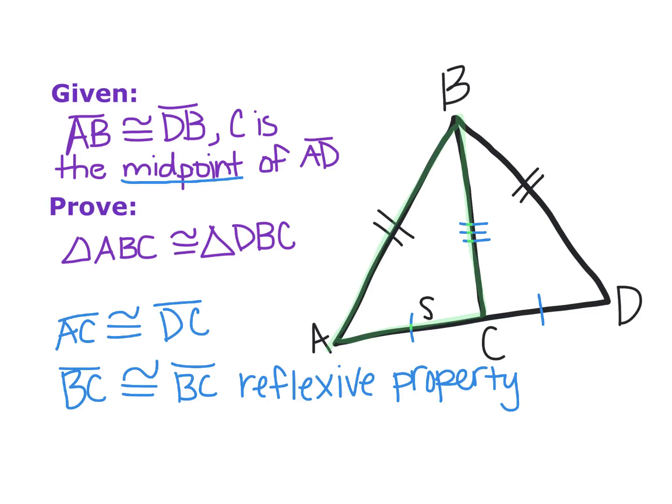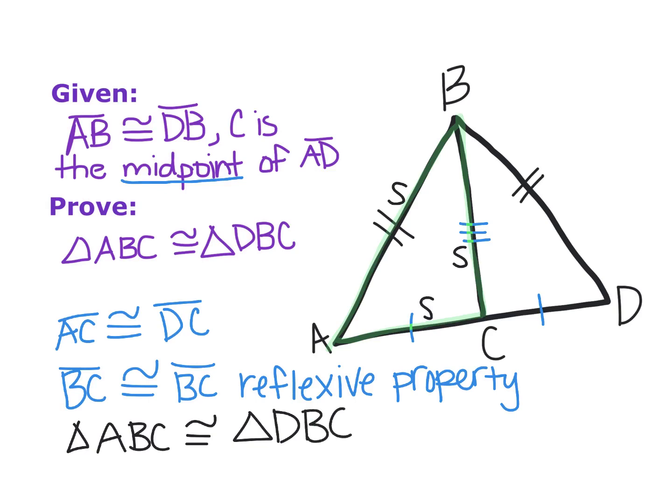So that lets me know, because those tick marks are corresponding to the same lengths on the other triangle, that I'm using the SSS or side, side, side postulate to prove that triangle ABC is congruent to triangle DBC because of the side, side, side postulate.